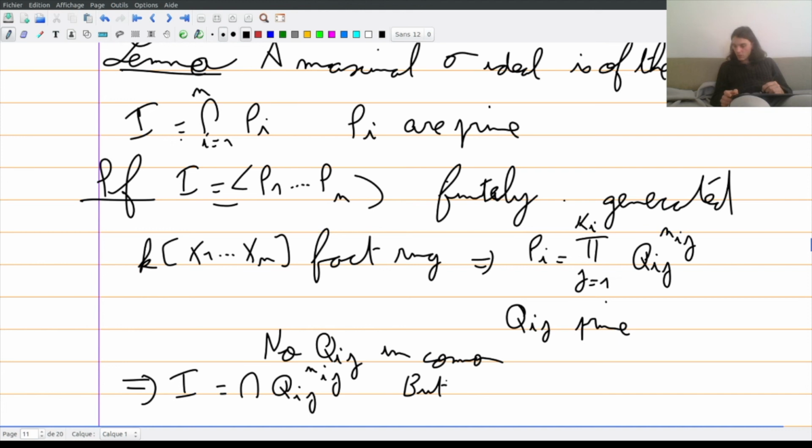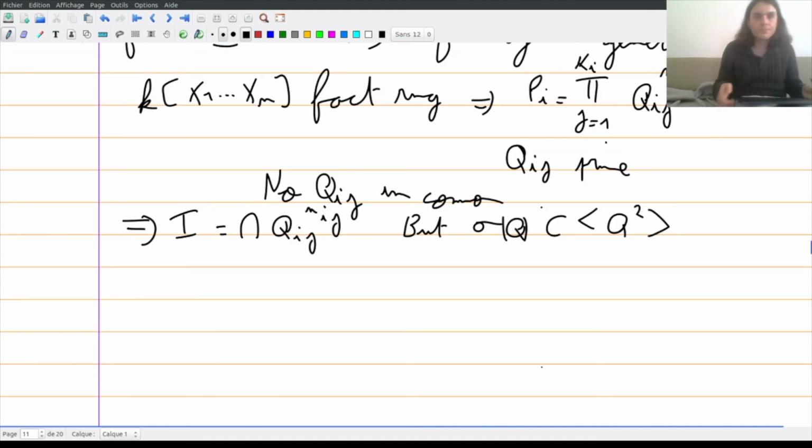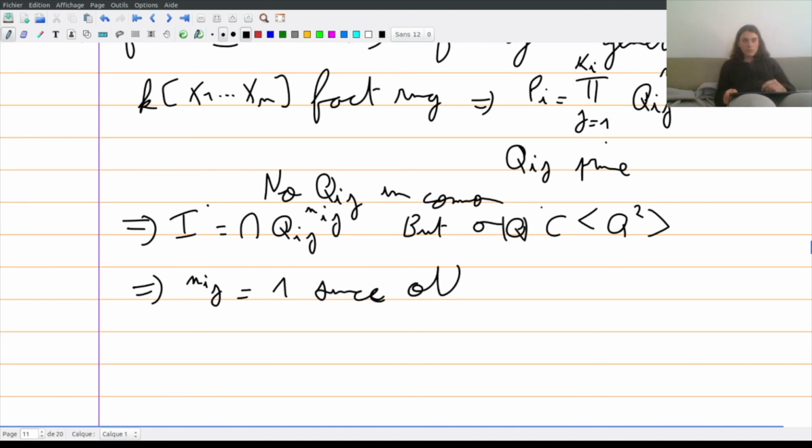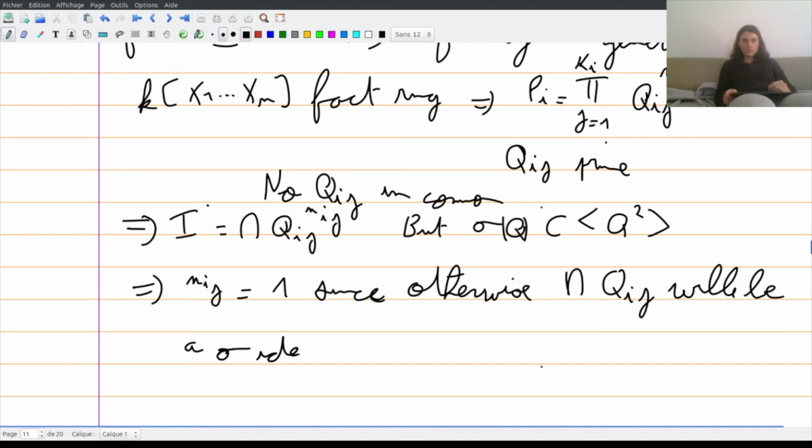But note that you have the following property, that sigma of Q is inside the polynomial Q squared, so this implies that n equals 1, since otherwise the intersection with power 1 will be a sigma ideal containing I. So it completes the proof.